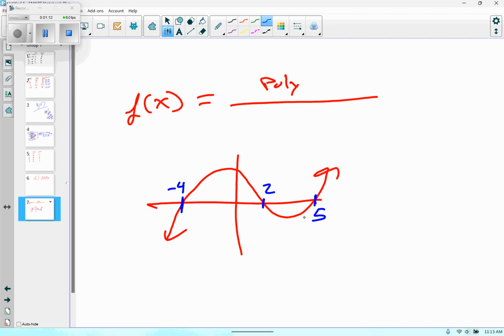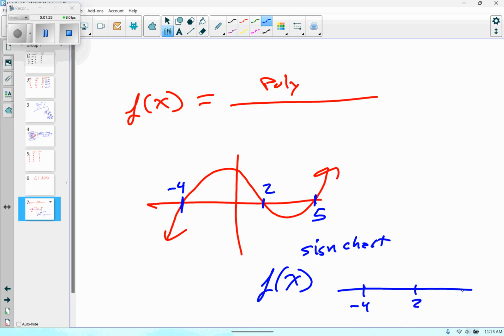Okay? So there's times that we could look at a sign chart for the original. And what we do is we basically look at where it crosses the x-axis, and we have those listed. So we're going to call this one negative, this one positive, this one negative, and this one positive. Okay?